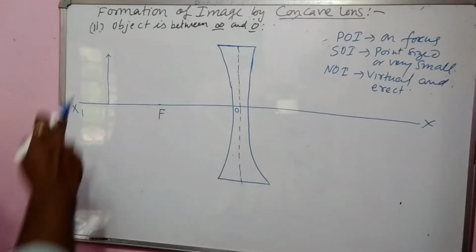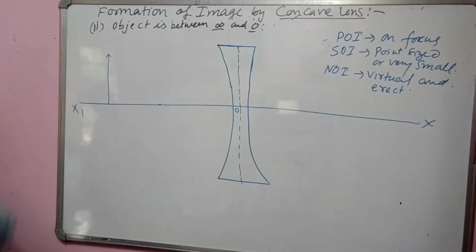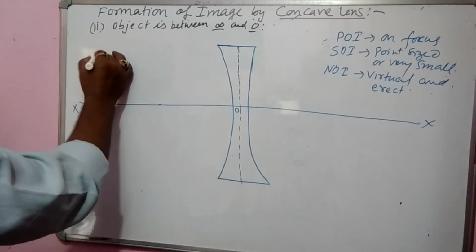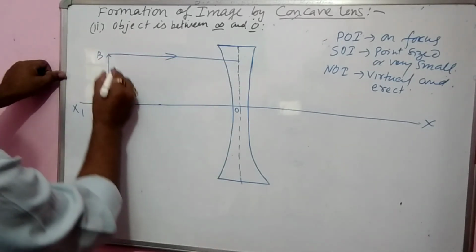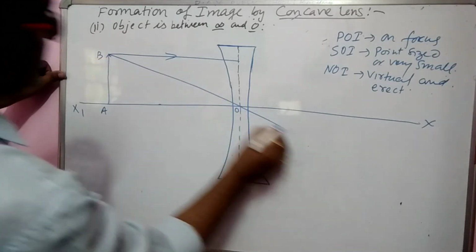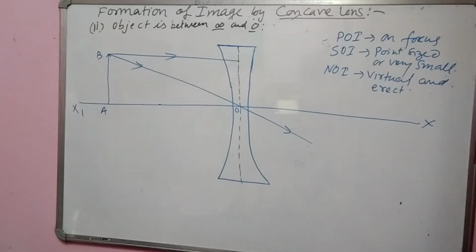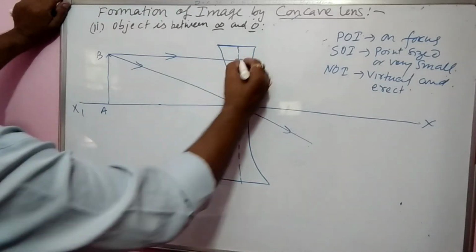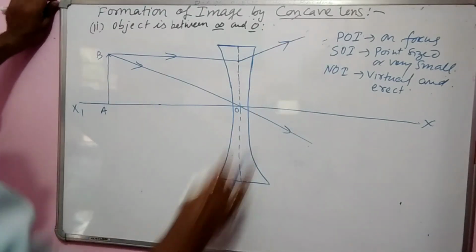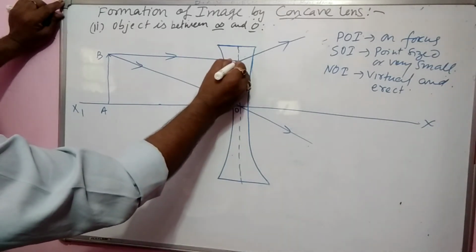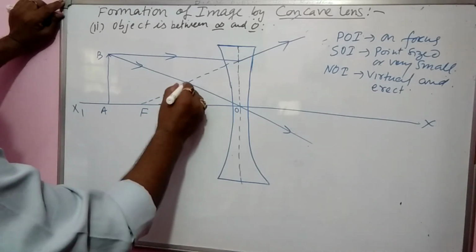O is here and infinity is there. AB is the object taken in this case. We take 2 light rays, one parallel to the principal axis and the other passing through the optical center. This light ray will diverge out along this direction. These two will not meet, and by proceeding backward it will meet at the focus. So image will be here.